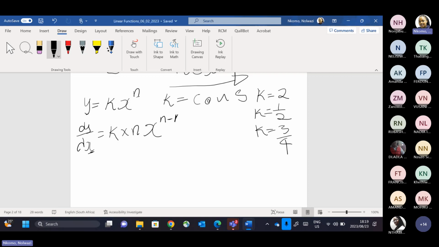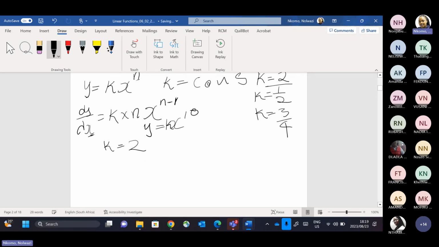Okay, for example, let's go back to our first equation. We had y equals x to the power 10. Now, let's say our function is y equals k x to the power 10. Let's say our k is equal to 2.